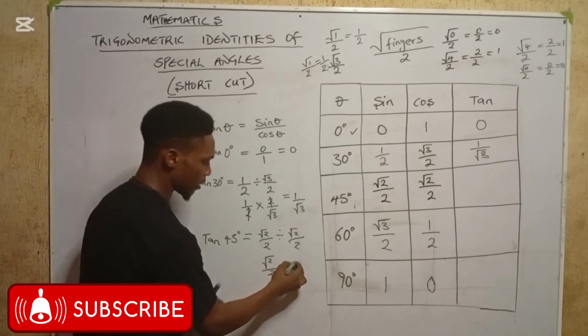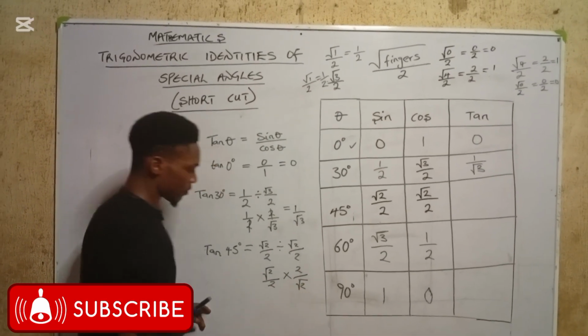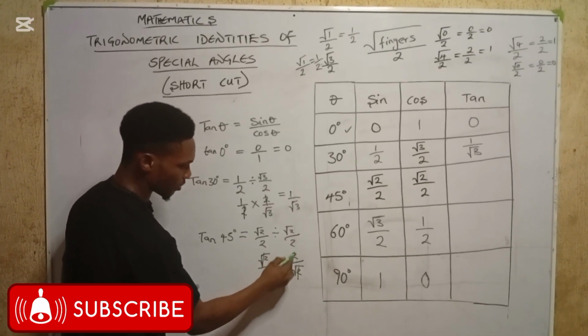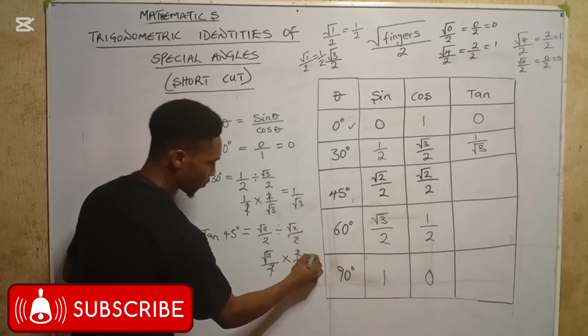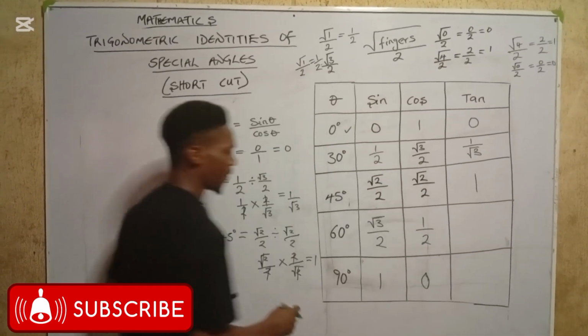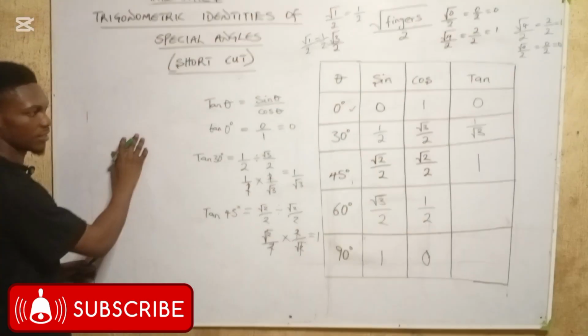Then turn this upside down, take the reciprocal: 2 all over root 2. Root 2, we cancel root 2. 2, we cancel 2. So this is just 1.